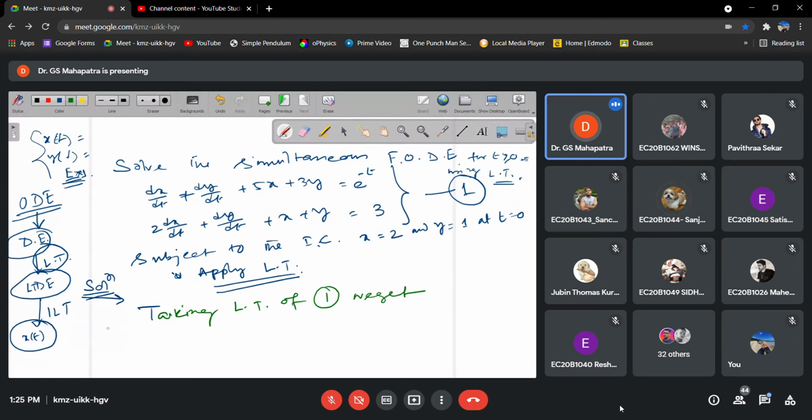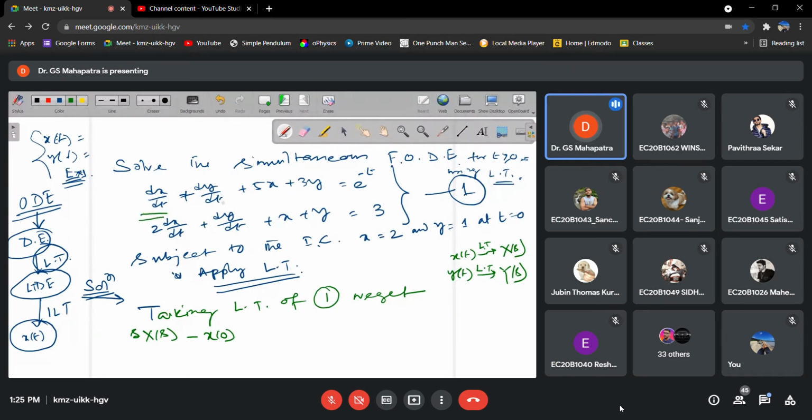Since two variables are there, for x of t the Laplace transform notation is capital X of s, and for y of t the notation is capital Y of s, so you can distinguish the two. So the answer is s X of s minus x of 0, small x of 0, for this case.